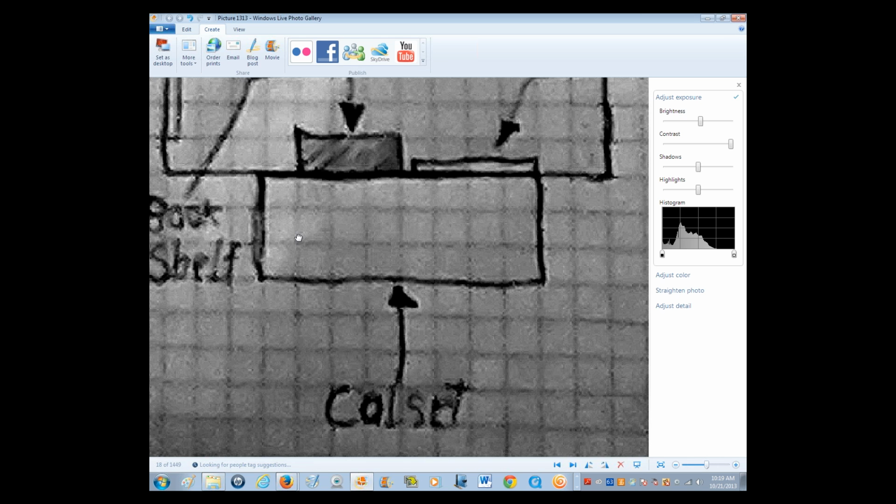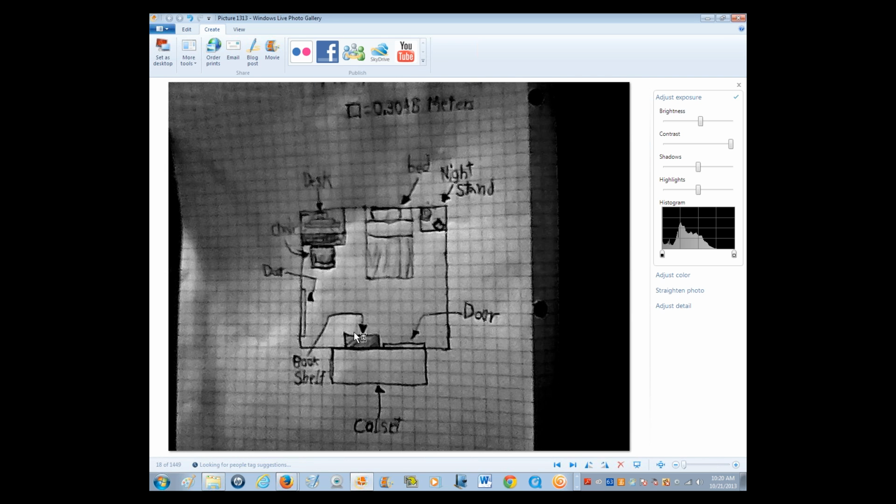As you can see, here's my closet. Can you zoom out a little bit? All we can see is your bed and nightstand so far. Okay, so here's my closet right here, and then my bookshelf.